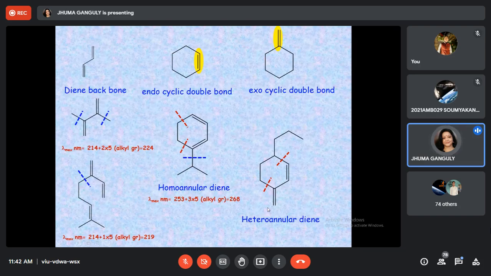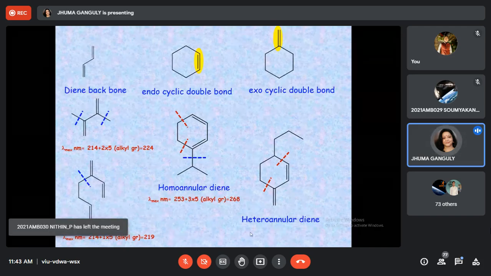Now this one is heteroannular diene. Here in heteroannular diene the system will be trans, maybe within a cycle or outside, that is different. There are lots of ways we will go with examples. Here is a simple cyclic system, and here you can see this is a cis system, here is a trans system. Maybe this part is also in a ring, but the trans butene system makes it heteroannular diene. Now what will the value be? 214 is the base value for acyclic and heteroannular diene.